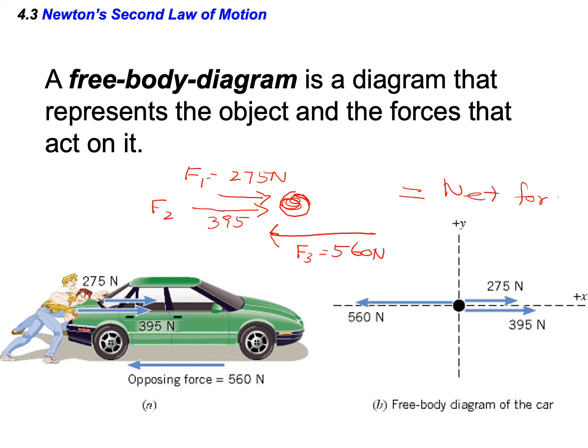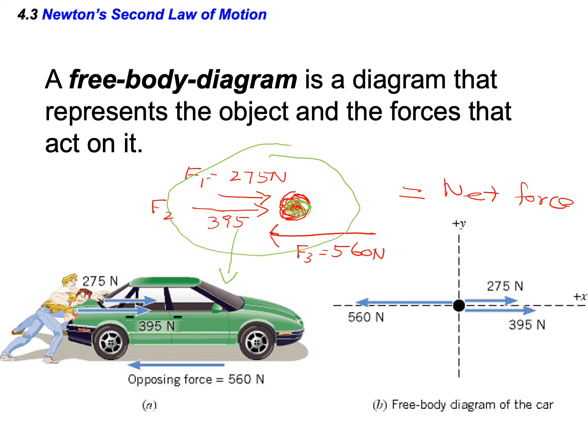So in a free body diagram, we don't have to draw the car in detail, but you can represent it like a dot, and then you can draw the forces with arrows and a line with the magnitude, which represents exactly the same idea which this picture shows.